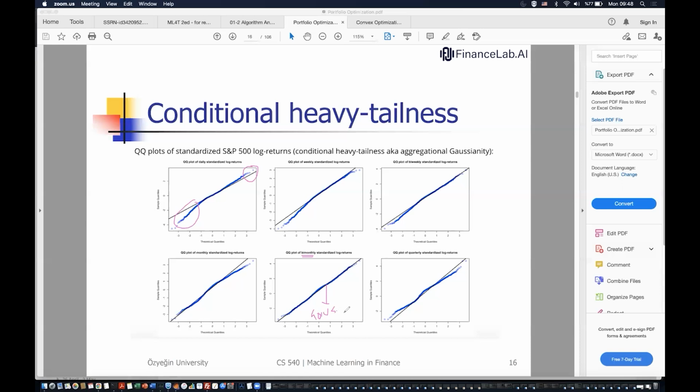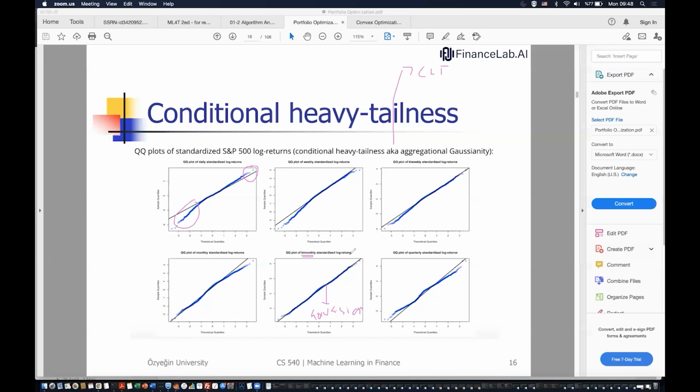And the reason here is the central limit theorem. Even though the individual returns are not Gaussian, when we add them up in the log domain, the resulting distributions tend to become Gaussian. We see in these plots the impact of the central limit theorem in the standardized log returns.